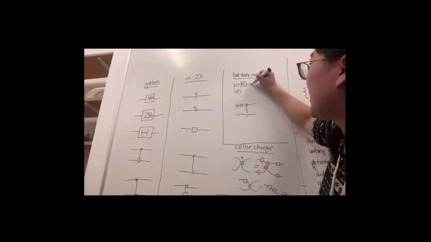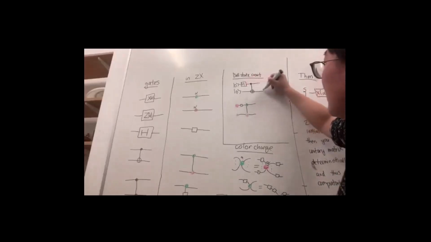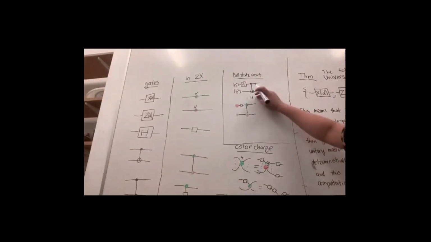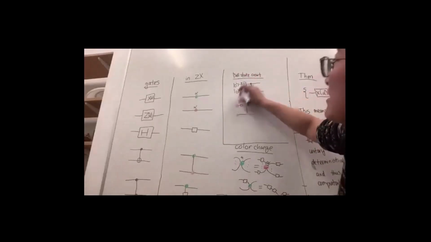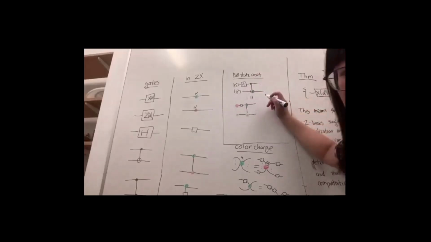So this is your usual Bell state circuit. And in ZX calculus notation, just translating everything one at a time. So this ket 0 is this ket 0, this Hadamard is this square, and this CNOT is like this.